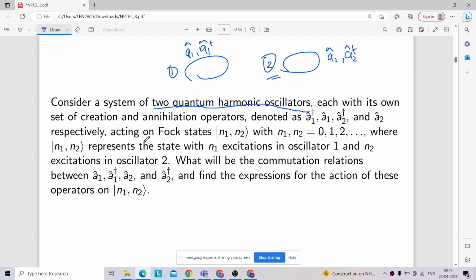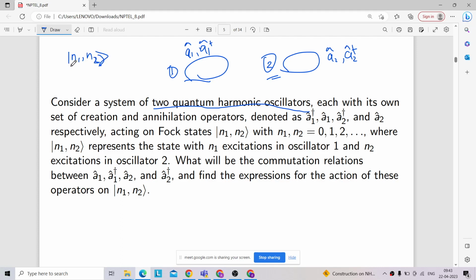Okay, so they are going to act on a Fock state N1, N2. So we are defining our Fock state as a combination of these two systems, system 1 and system 2. We are considering them together, so the Fock state describes both systems together, and it is represented by N1 and N2.